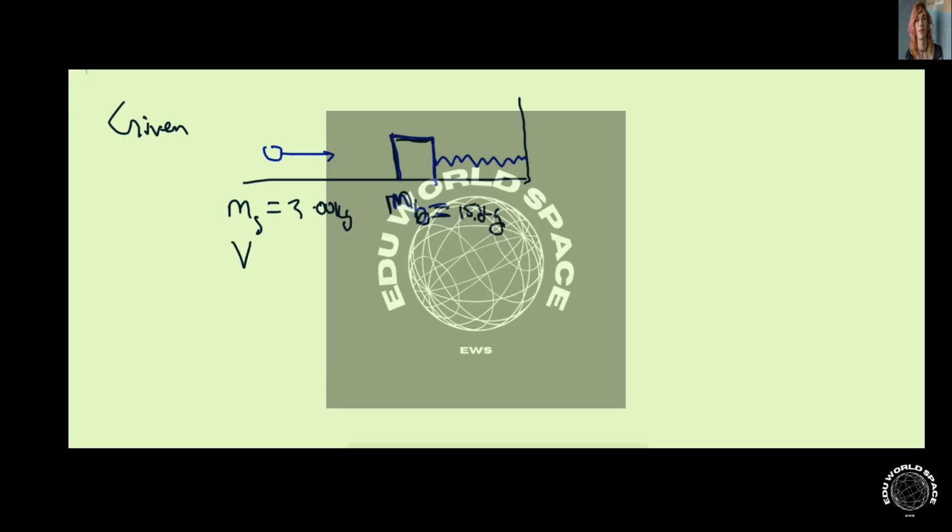The stone is moving with an initial velocity towards the right, which is positive, at a horizontal velocity of 8 meters per second. The initial velocity of the block is 0 meters per second because it's not moving.